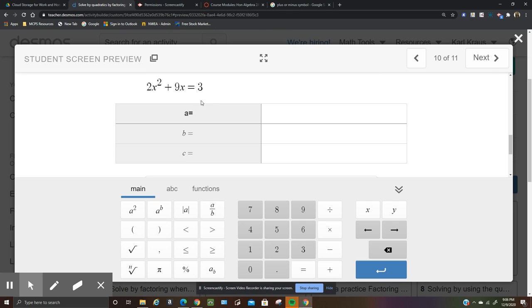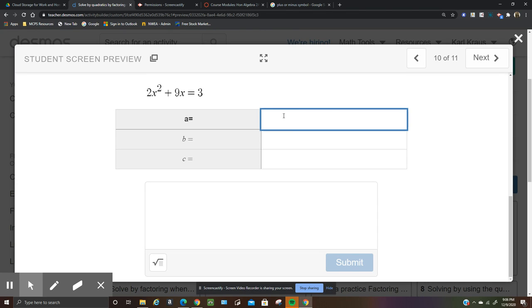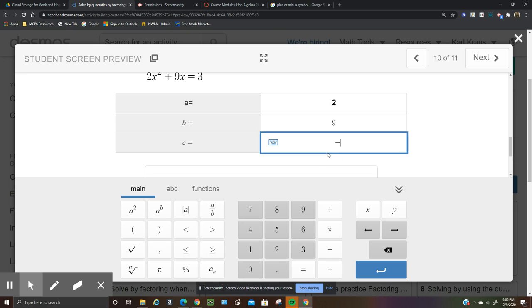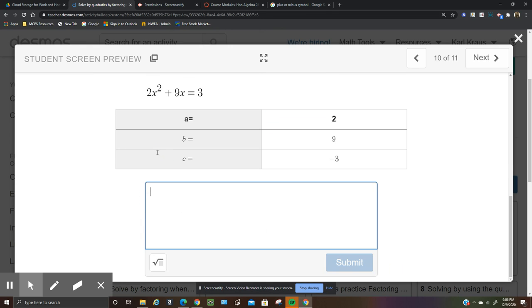This next one, we'd have to subtract 3 first. a is 2, b is 9, c is negative 3. Plugging into the quadratic formula.